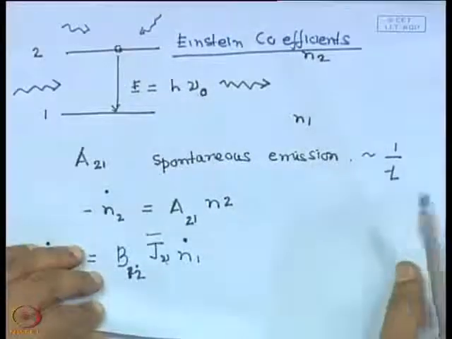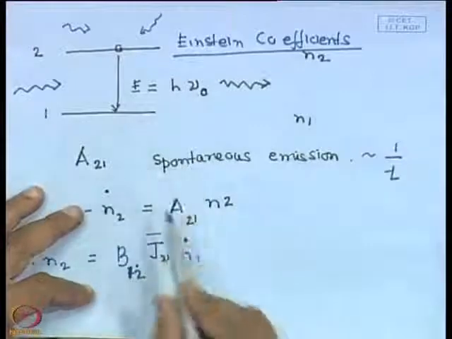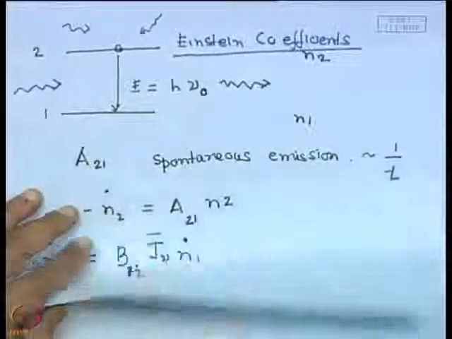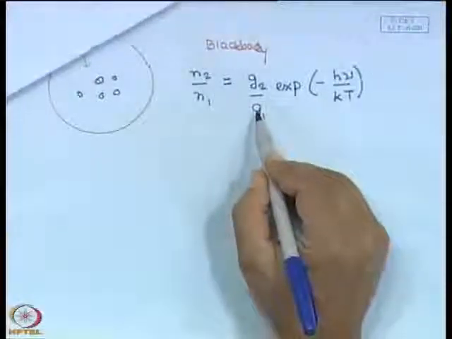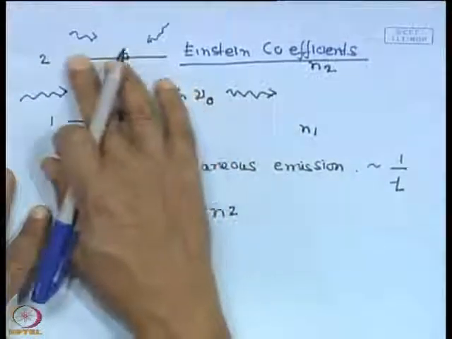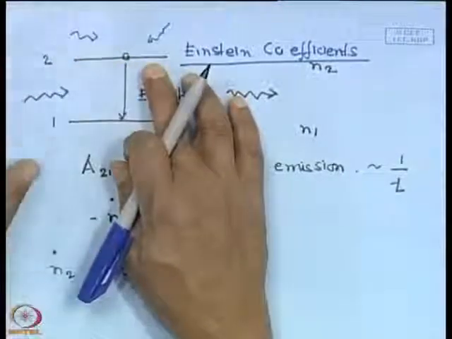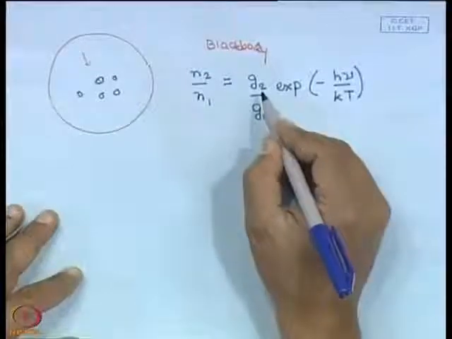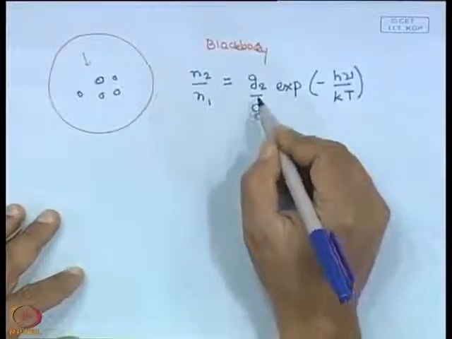So, there may be more than one quantum state that corresponds to the ground state, that is quantified by G1. Similarly, there may be more than one quantum state that has the same energy level as the excited state. All of them correspond to the excited state, and the number is given by G2. This is what is called the degeneracy.